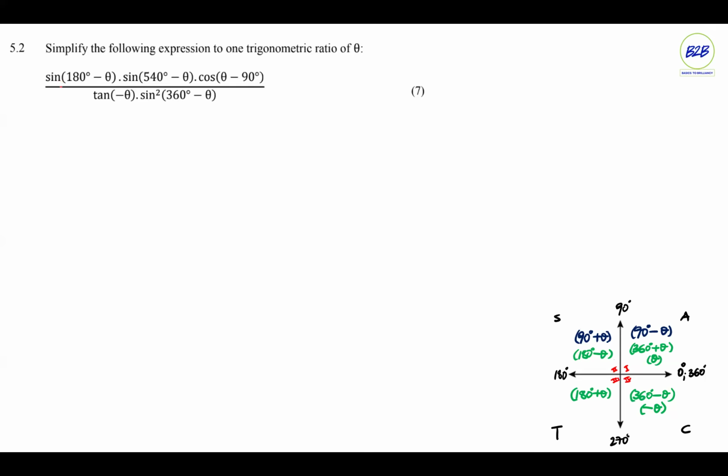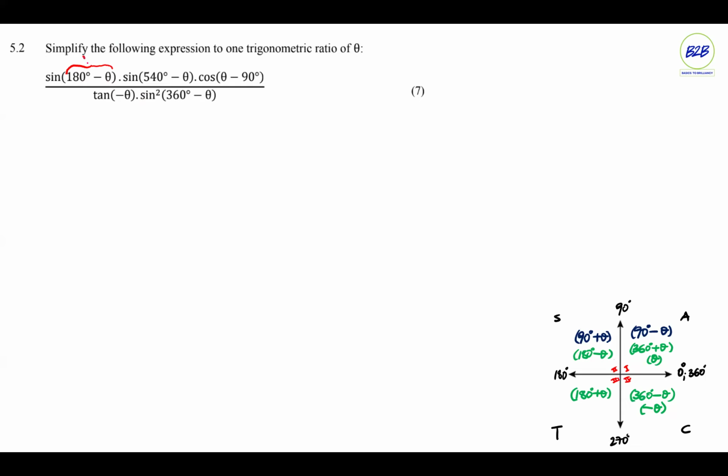So here we are given sine of 180 degrees minus theta, sine 400, and so on. So we must always be able to identify the reduction formula that we are given. Remember at the beginning of this type of questions, I said we will have the normal reduction formulae like 180 degrees minus theta. We know that is in the second quadrant.